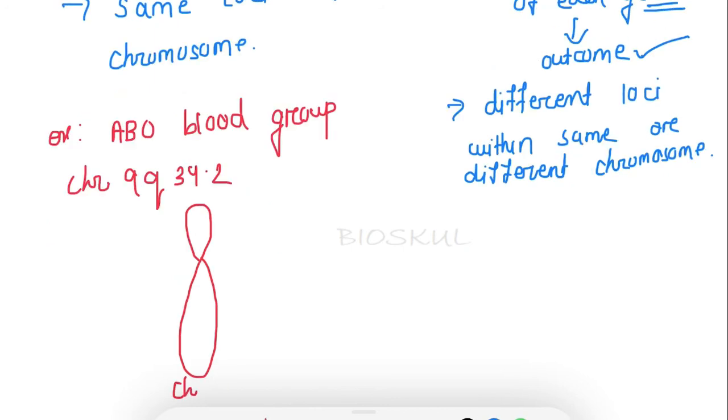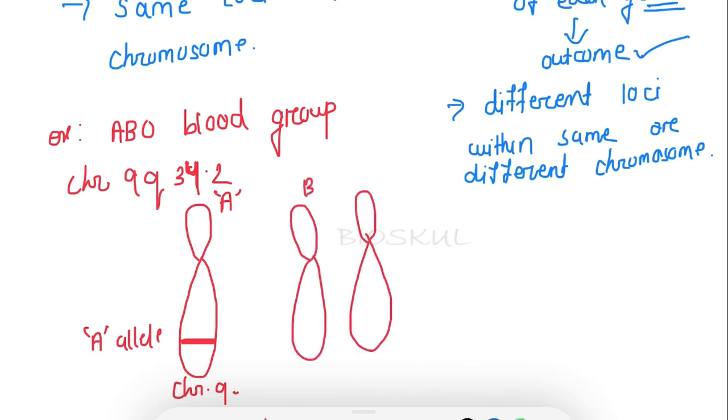So this is chromosome number 9, and here we are talking about individual A. The ABO gene is located on chromosome number 9, more specifically at 34.2. Let's say that here the A allele is present.